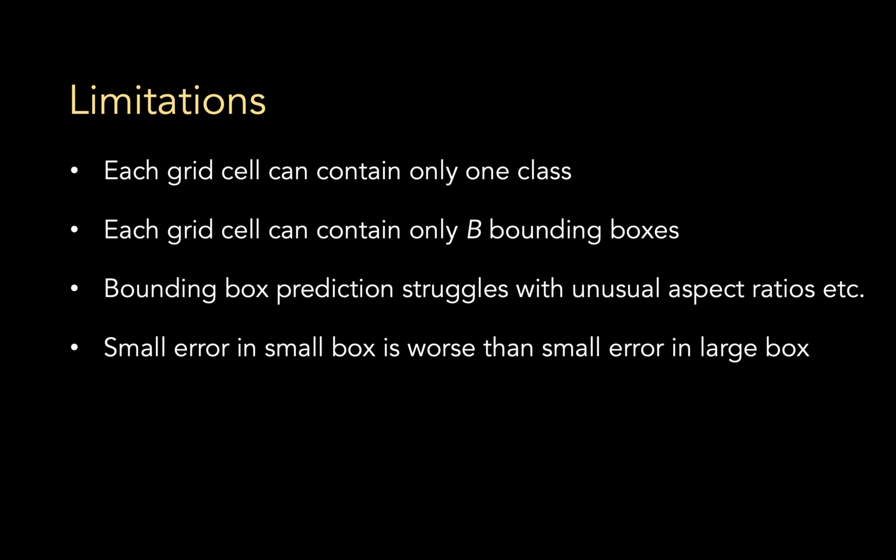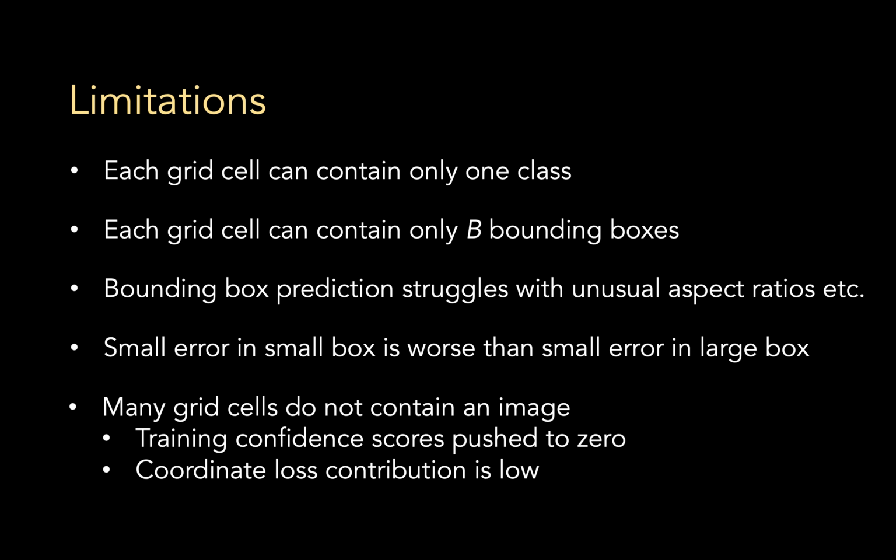And now the final consideration is that many cells do not in fact contain an object. And the consequences of this are twofold. In training, the confidence scores are liable to be pushed to 0, since this is the ground truth for most of the cells in an image. And furthermore, since the coordinate loss is calculated only for cells with objects, it will tend to be underrepresented in the final loss.